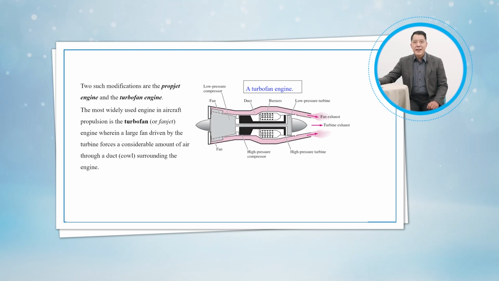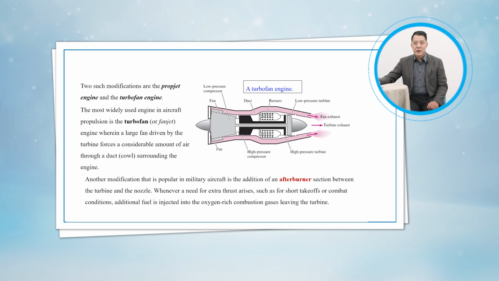A turbofan engine is based on the principle that for the same power, a large volume of slower-moving air produces more thrust than a small volume of fast-moving air.